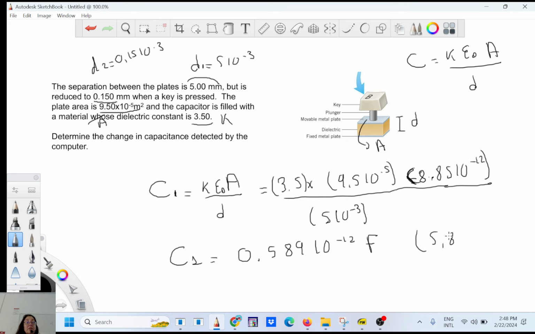That will be the same thing as 5.89 times 10 to the negative 13. But because we like pico, that way we can write this in pico. So did you all get that? Otherwise I do it with the TI. Make sure you get it right.